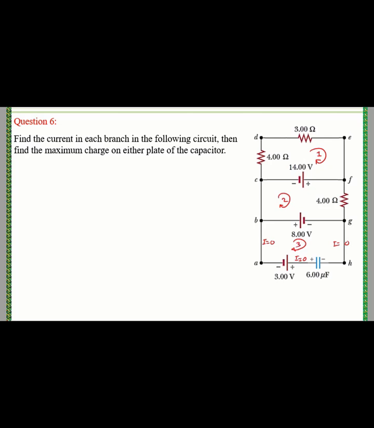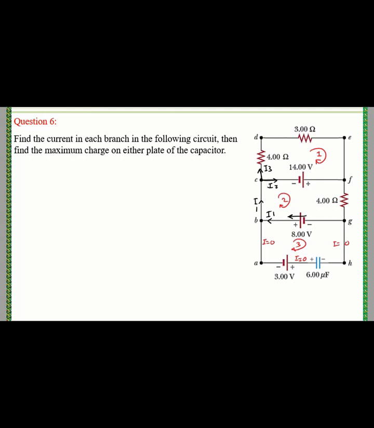Now, suppose there is a current going from this battery, I1. It will not split at A, so it will continue here, I1. But at C, it will be split into two currents. Suppose this is I2 and this is I3.